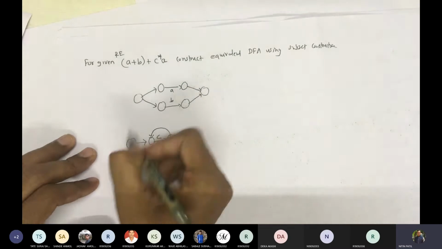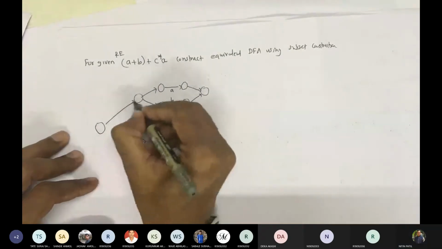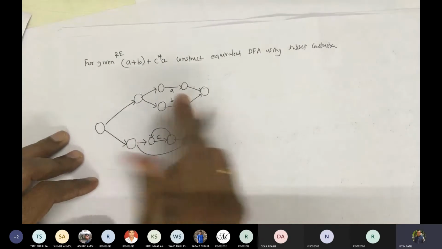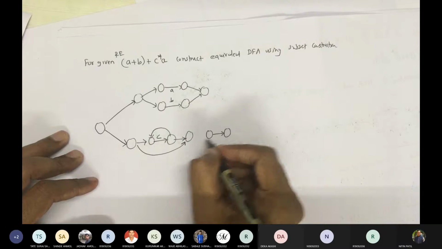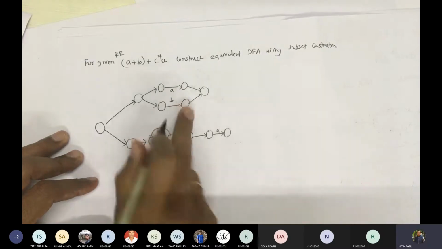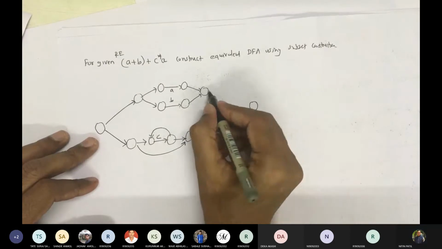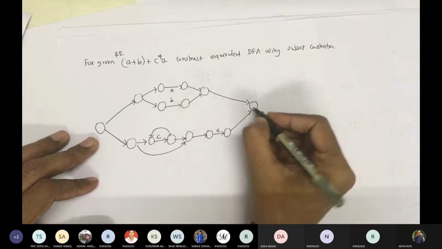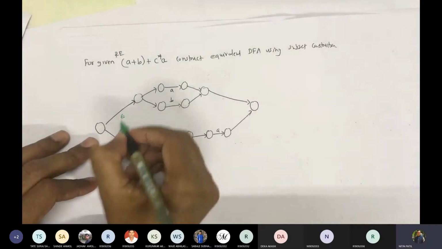Fine. Now as they are plus, I will add one more state here. Now this is c star. Now we have a. So this is a. Now we have a plus b, so initially we include a final state. Fine. Now let us try writing epsilons.